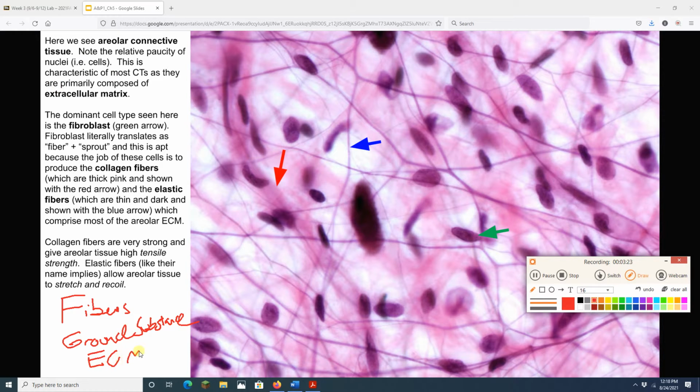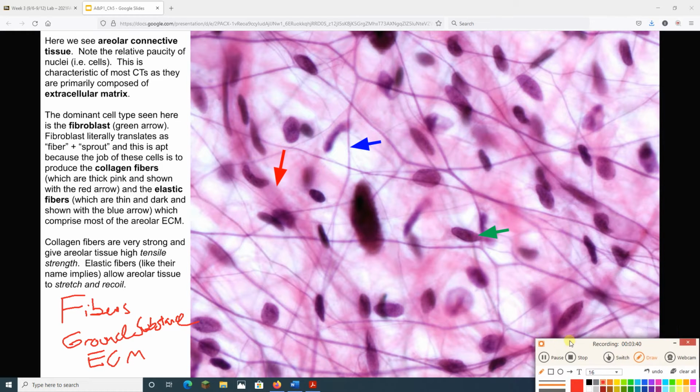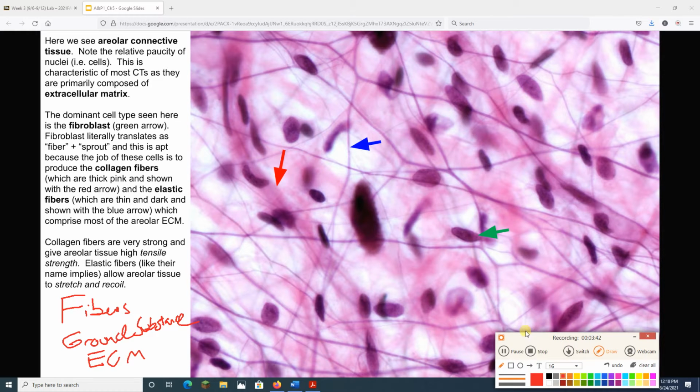Now, extracellular, what does that mean? Outside of the cell. Matrix is just a better way of saying stuff, right? You're not going to say extracellular stuff. Let's say extracellular matrix. So this is a hugely important characteristic of connective tissues. Most connective tissues are dominated not by cells, but instead by cell products.